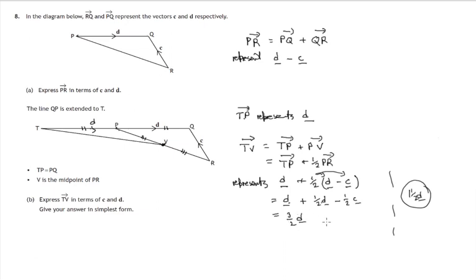So 3/2 D minus a half C. So there's the journey from T to V represented in terms of the vectors D and C. And that's it in simplest form.